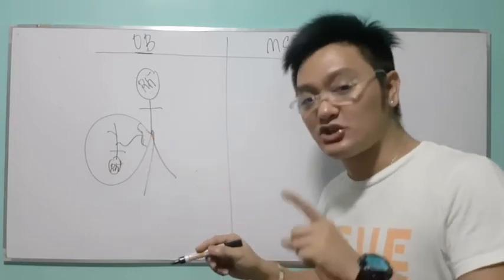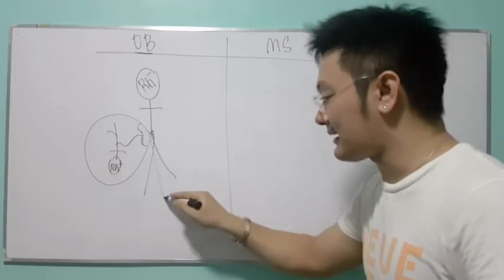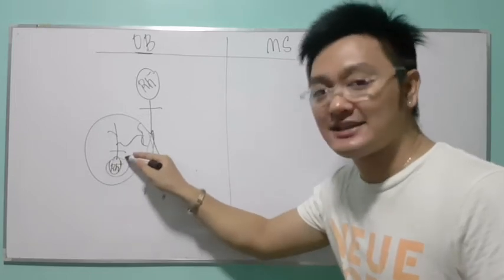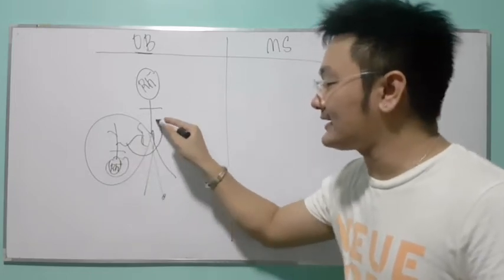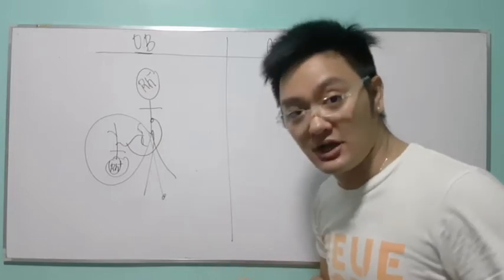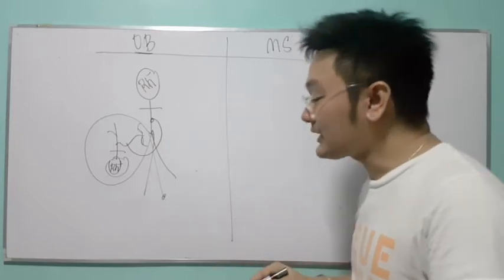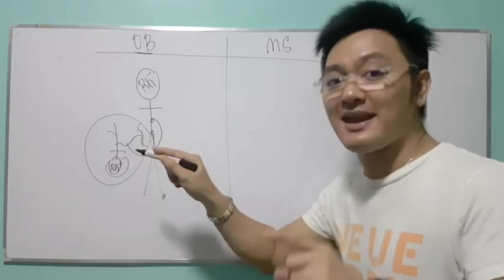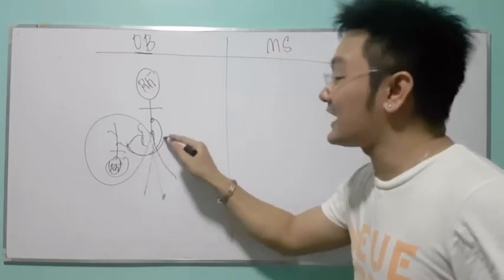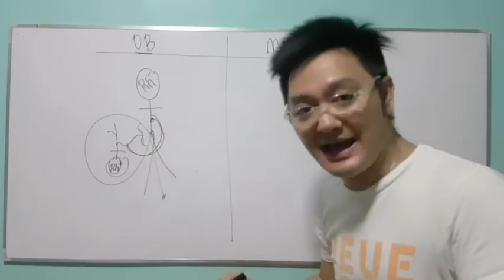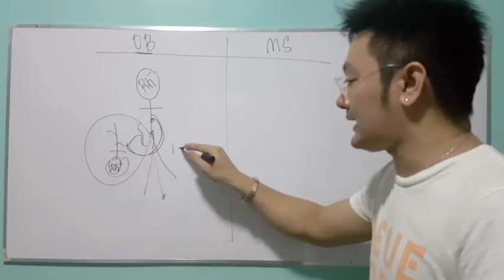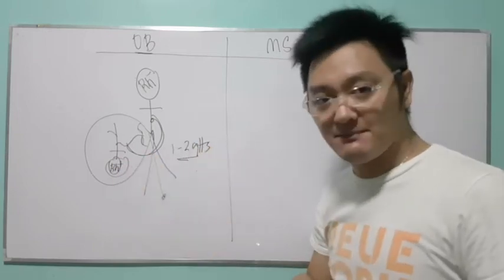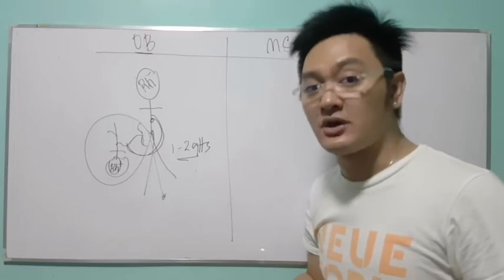There is a chance that during delivery, paglabas ng bata, the fetal blood that contains RH antigen will leak and enter the maternal circulation. In short, during delivery, may posibilidad na yung dugo ng bata na may antigen makapasok sa loob ng dugo ng mama na walang antigen. Even only 1 to 2 drops of blood of the baby, it can trigger immune reaction.